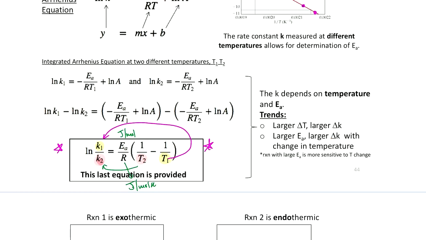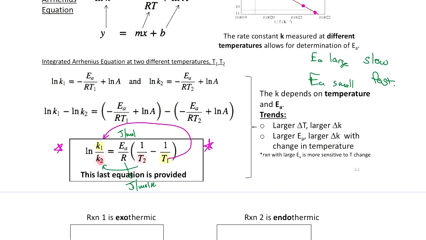Okay, so if activation energy is large, what kind of reaction do you have? Is it slow or fast? It's slow. Okay, cool. What if we have an activation energy that is small? What kind of reaction do we have? It's fast. Okay, cool. So if I give a little bit of extra heat, temperature, to these reactions, do they go faster?